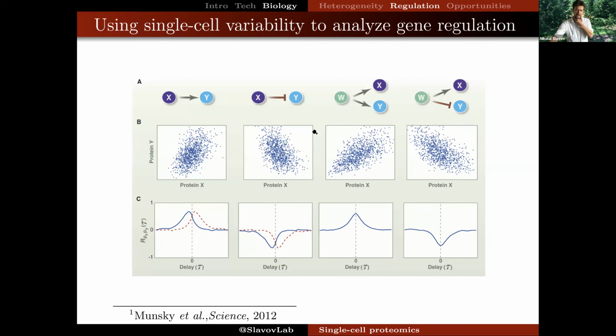And I want to go back to this notion that I suggested at the beginning, the thing that I'm quite interested in: using the natural variability between single cells to infer regulatory interactions, essentially thinking of each single cell as corresponding to a particular type of perturbation.